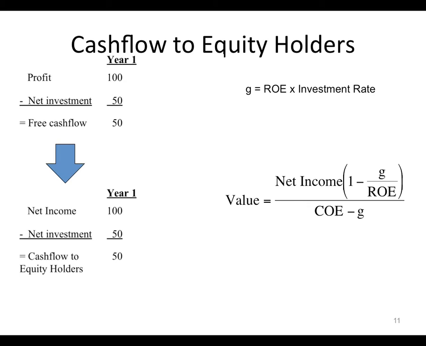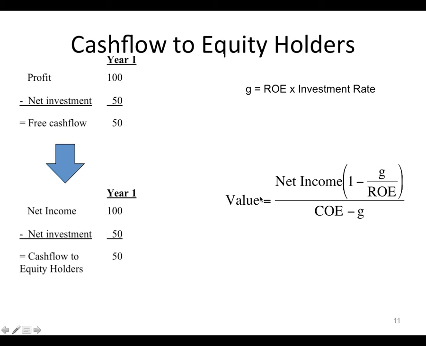So what we do with the key value driver equation is the value for the equity is the market cap, not the enterprise value. The cash flow to the equity holders is the net income. The growth is the growth in the net income, so it's not the growth in the free cash flow, it's the growth in the net income into perpetuity.